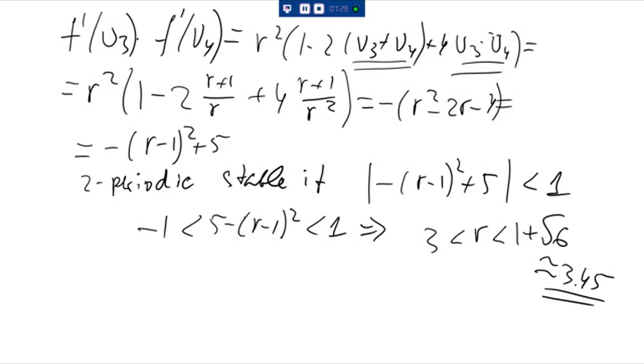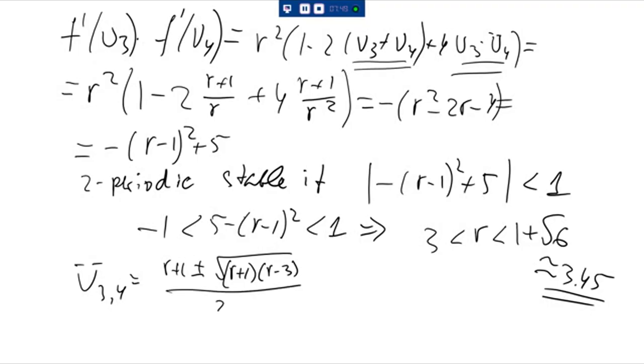Final remark, I forgot to tell it earlier. So u3 and u4, the formula for u3 and u4, I will repeat it here. It's (r plus 1 plus minus square root of (r plus 1) times (r minus 3)) over 2r. They are real, or exist, when r is more than 3.